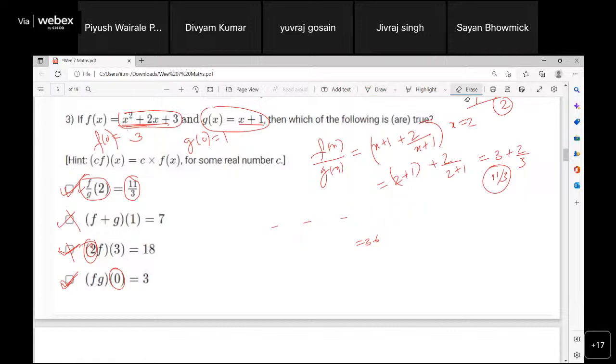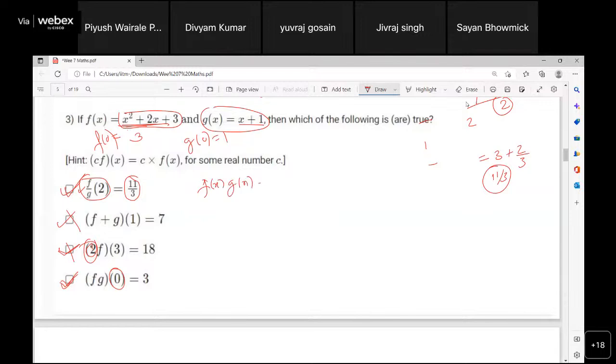Okay, let us try one example of how to do multiplication of algebraic expressions. What is the multiplication of f of x into g of x? That is x square plus 2x plus 3 into x plus 1, right? We have to multiply each term of f of x with the whole of g of x.